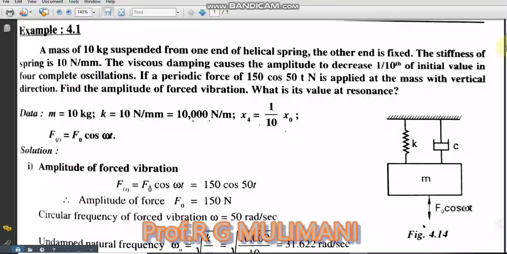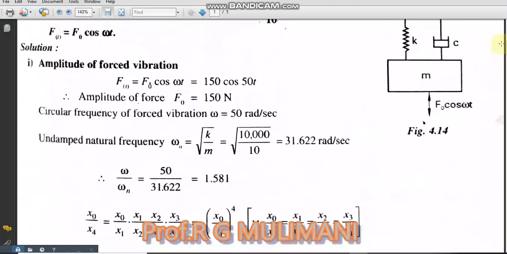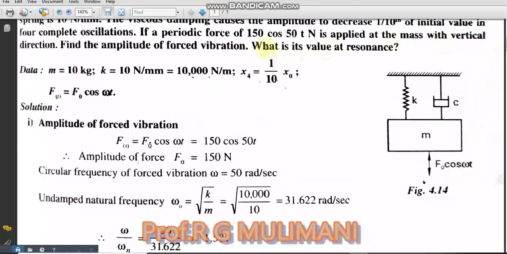So the x naught value is now known. It is f naught by k. For omega, the forcing function f naught cos omega t is given as 150 cos 50 t, so if compared with this equation, omega value is 50.